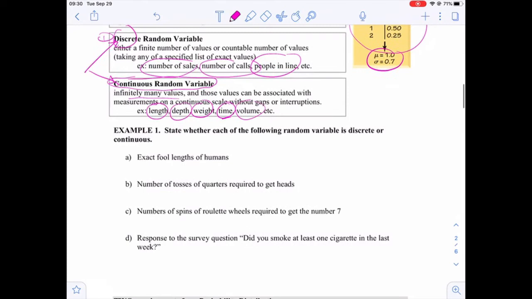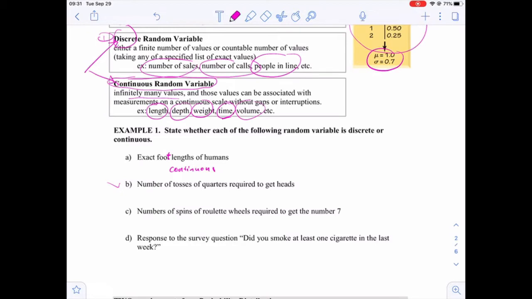Let's take an example. We want to determine whether each random variable is continuous or discrete. Here, this is a typo, this should be foot: exact foot lengths of a human. This accepts fractions, so this is continuous. B, the number of tosses of a quarter required to get heads. Is this continuous or discrete?